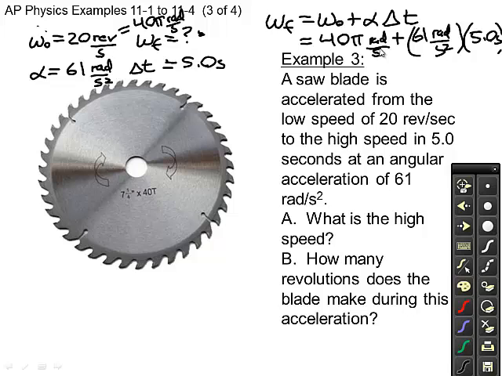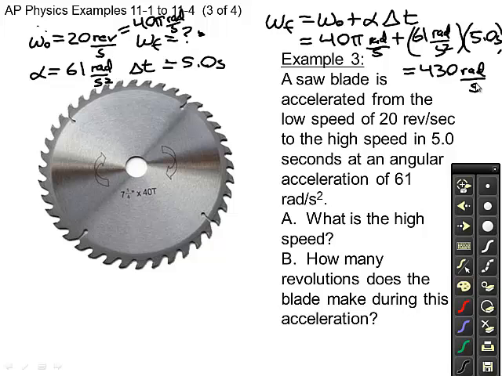All right. So, punchity punch punch. We got 40 pi plus 61 times 5. And I'm looking at 430 radians per second. Okay? If they wanted it in revolutions per second, it's a simple conversion again.